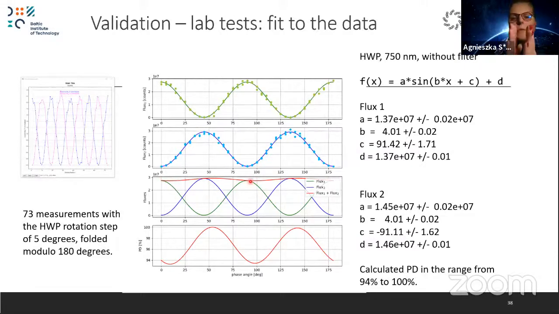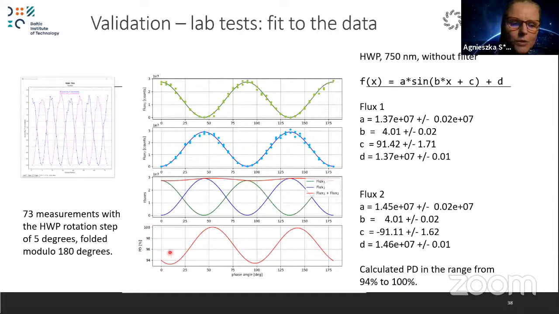Because of course, by rotating the half-wave plate, you don't change the total intensity of both spots, right? The sum should be exactly 100% polarized, and this is the sum on the lower panel.